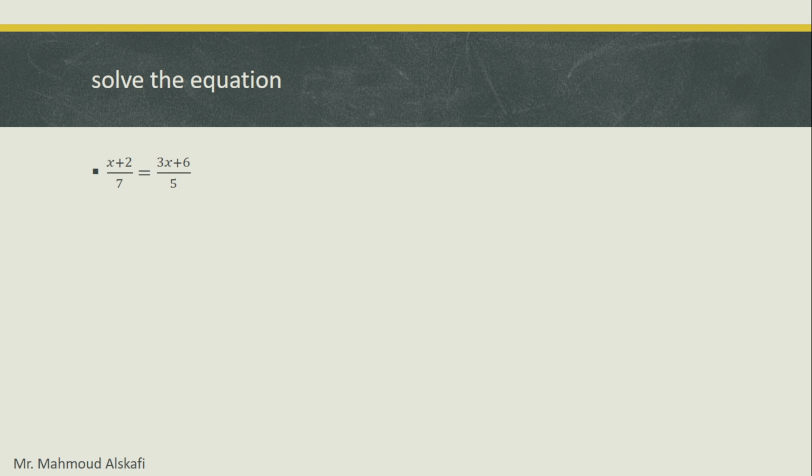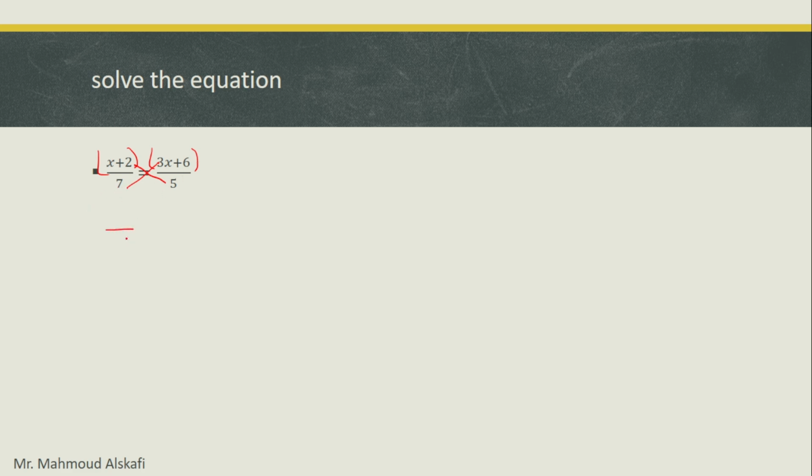Now, if we have this kind of question, a fraction on both sides, and we need to solve it, first, if I use cross multiplication, now it's correct, you're right, but don't forget you should put this inside brackets, because we don't just multiply the first terms, we multiply the number with all terms.